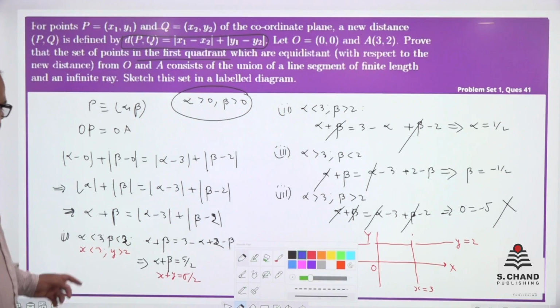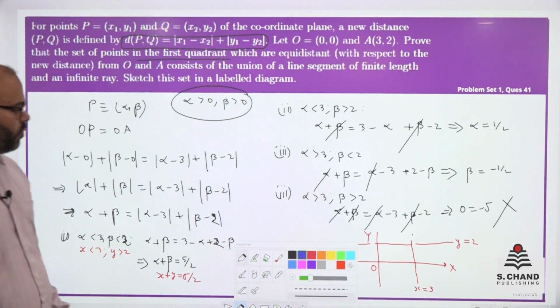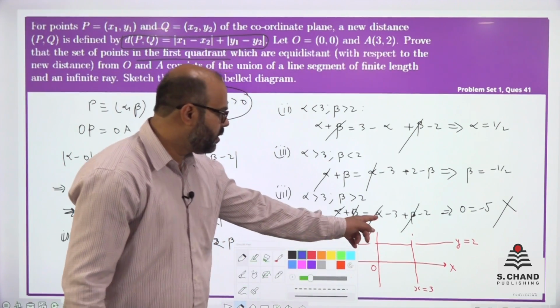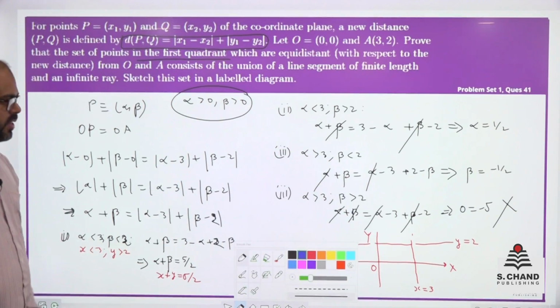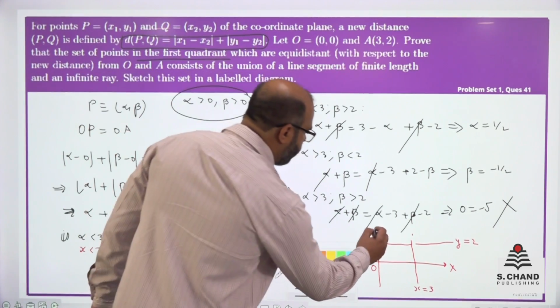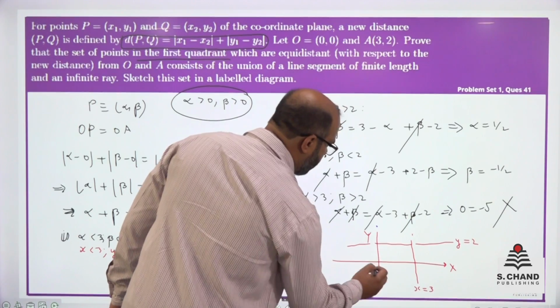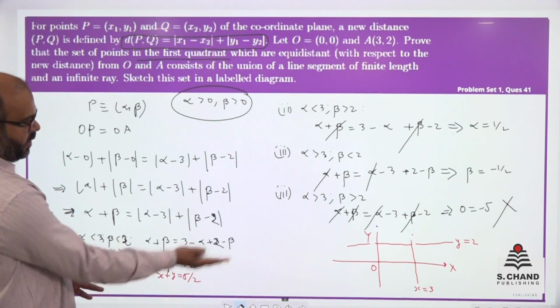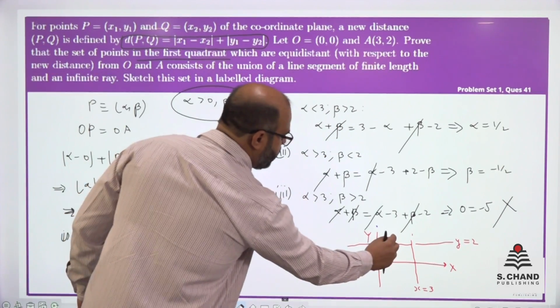Now, when x is less than 3 and y is greater than 2, which region is that? This region. There the line is x + y = 5/2. The line would be something like this. x less than 3, y greater than 2, yeah, this portion is there.